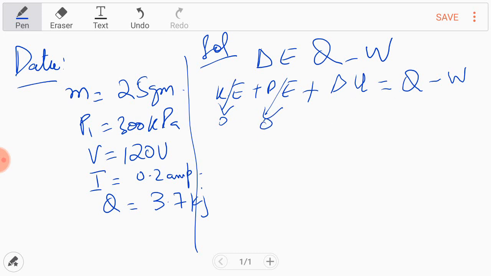But in the whole system, internal energy is increasing with the increasing temperature provided by the heater. So basically, the heater is providing heat to the steam, which makes it superheated steam.